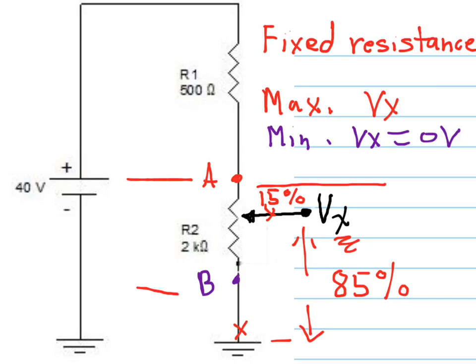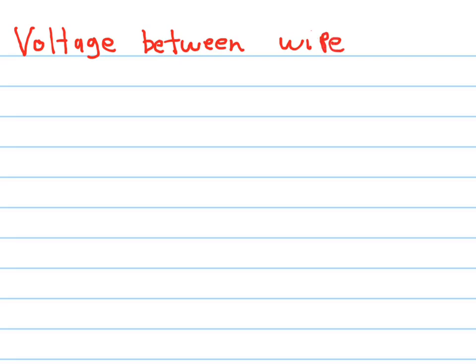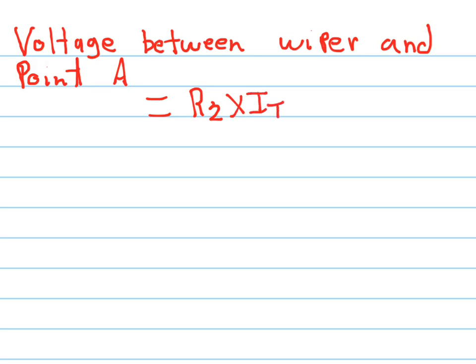the voltage from point A to the wiper, which is the remaining 15%, so voltage between wiper and point A equals R2 times IT times the 15%.